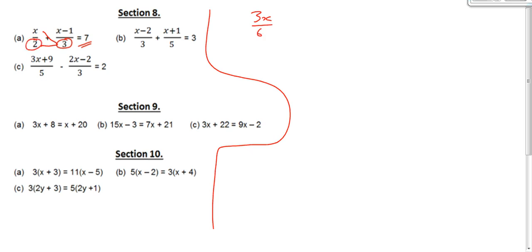Then we're going to deal with this one, so we're going to do 2 lots of x plus 1 and 2 lots of 3, which is 6. Then we're going to set that equal to 7. So far all we've done is multiply this 3 by this and this 2 by this and this.